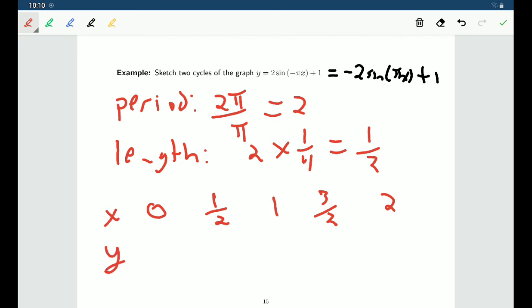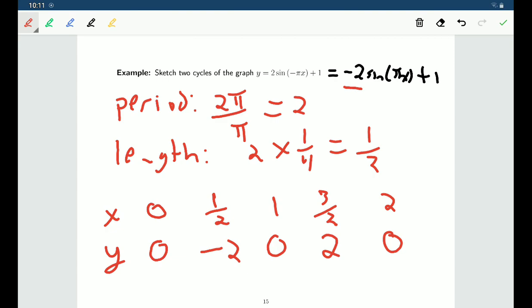For our y values, if we were just thinking about -2 sine pi x, then of course our y values would be, we start at the origin, we go to a, which is -2, back to the x-axis, now to -a, which is +2, and then back to the x-axis again, y value of 0. So 0, a, 0, -a, 0.